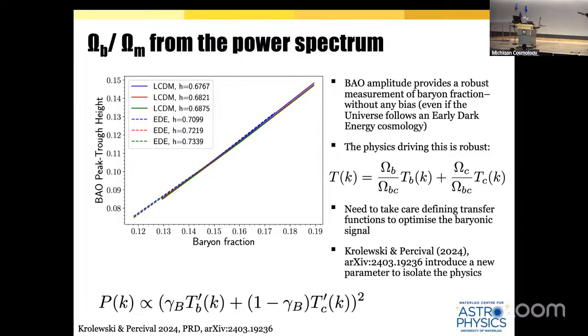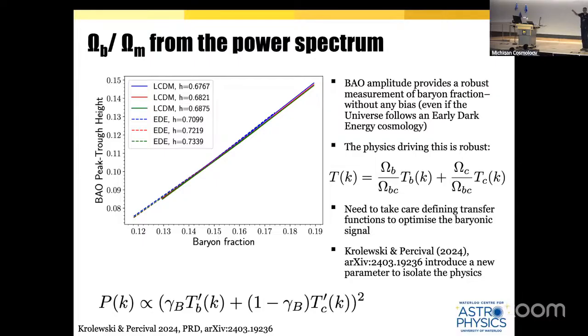Remember how I said before that in the very early universe you have a field of baryons and a field of dark matter, and they grow together to give you the perturbations. The fraction of energy density in the universe that is in the form of baryons compared to that in the form of dark matter will change which of these fields is most important, how much each adds to the potential when they come together and give you the final perturbations. What this means in practice for the power spectrum is that the amplitude of the baryon acoustic oscillation signal tells you the baryon fraction.